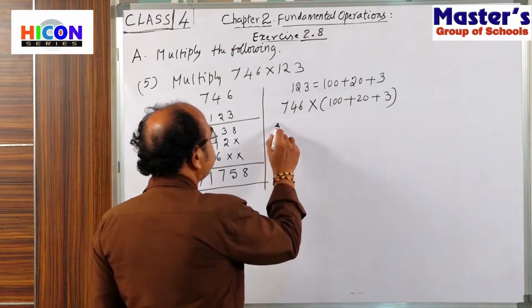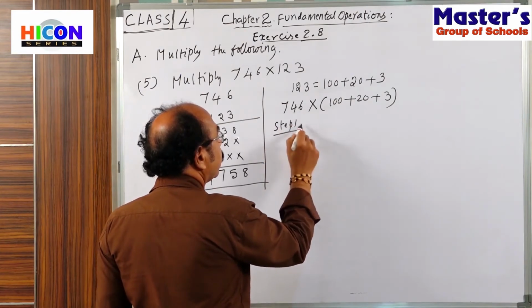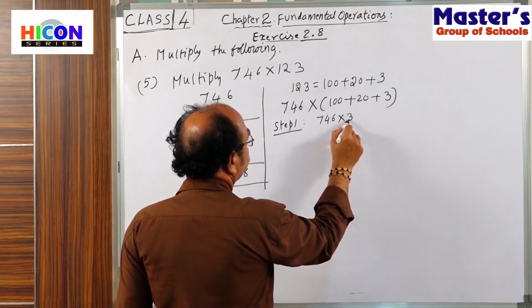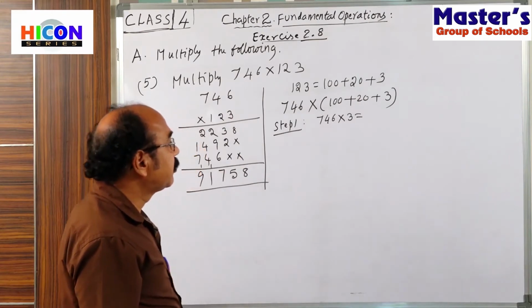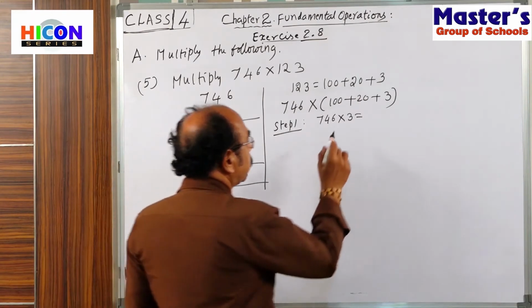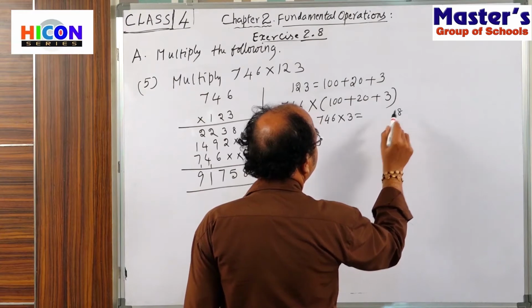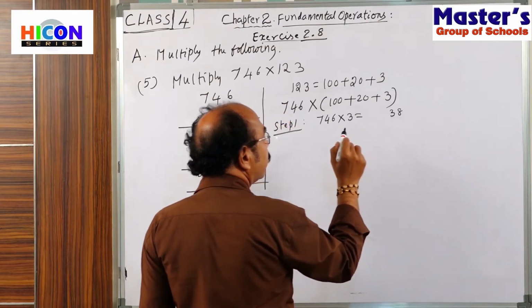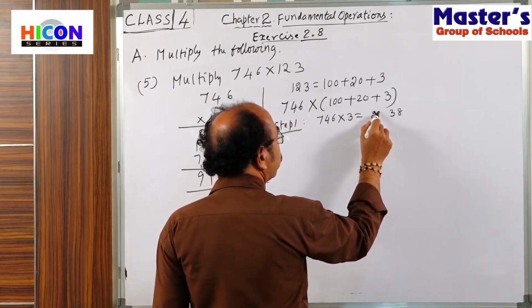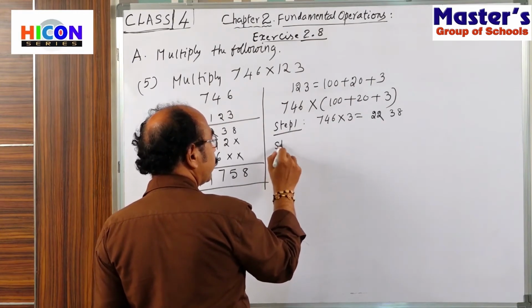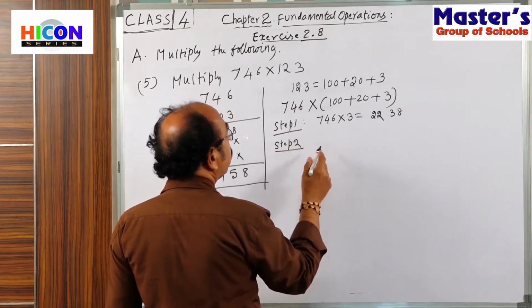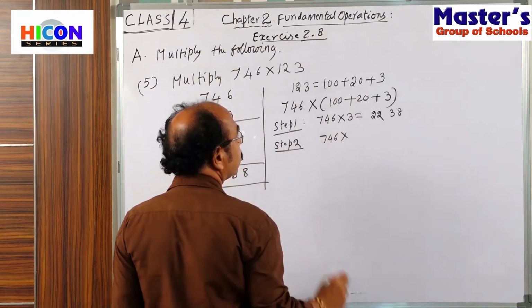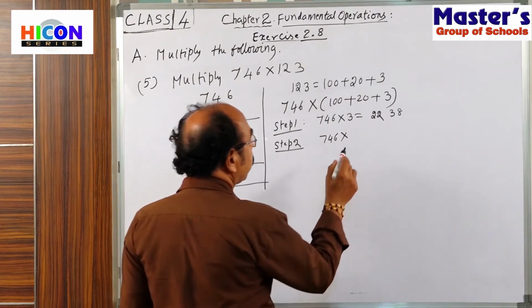So step 1, multiply 746 with 3. 3 6s are 18, 8 and 1 carry, 3 4s are 12 plus 1, 13, 3 and 1 carry, 3 7s are 21 plus 1, 22. Step 2, multiply 746 with 20.